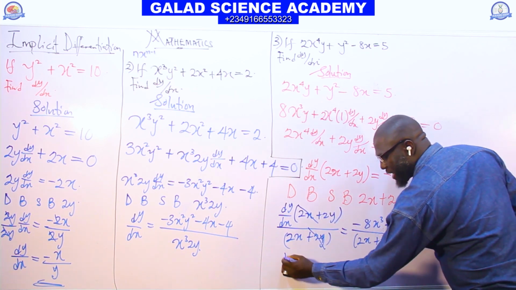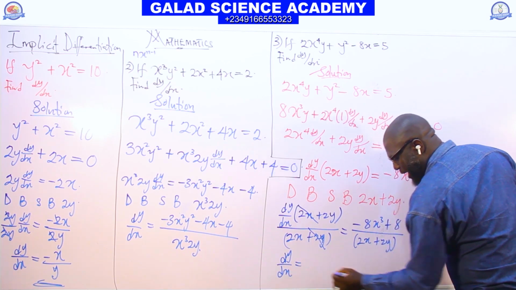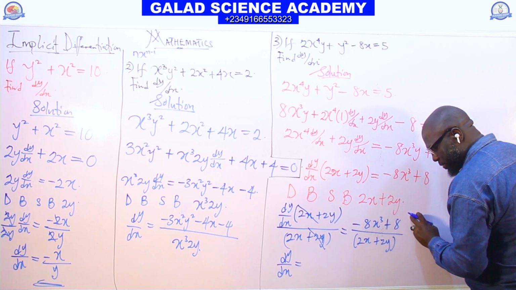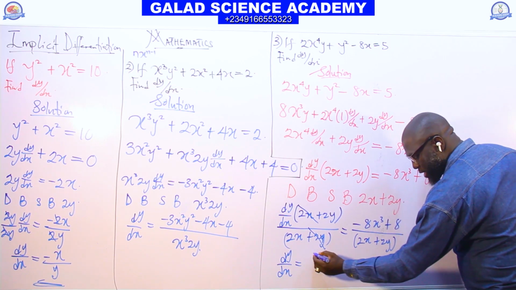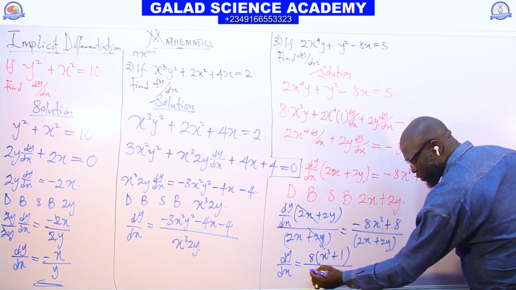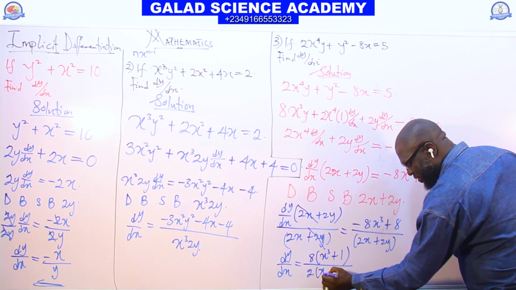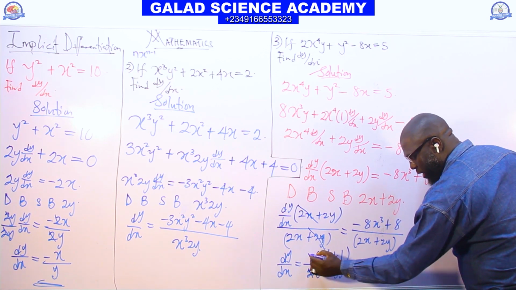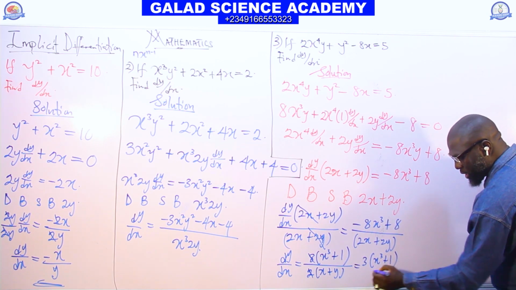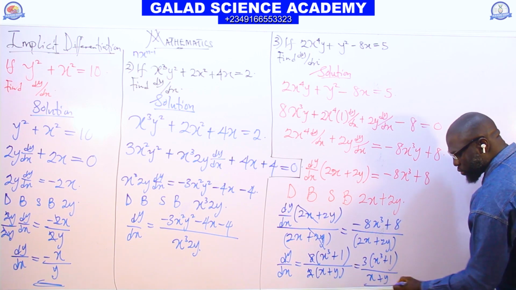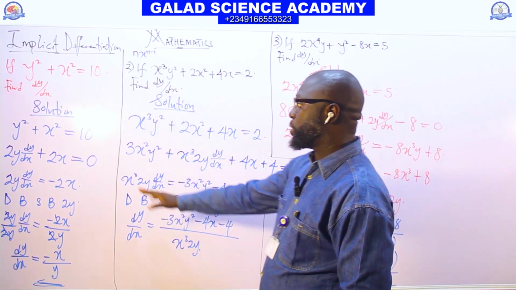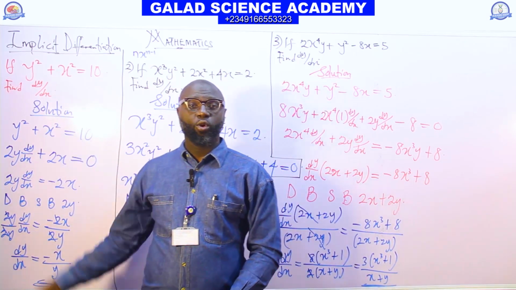So at the end of the day, we are left with dy/dx. The common factor here is 8, you can have 8 outside, x cubed plus 1. The common factor here is 2, we have x plus y. 2 here 1, 2 here 3. So the final answer will be 3x cubed plus 1 over x plus y. If you are given any question in terms of implicit, that's how we want to solve it.